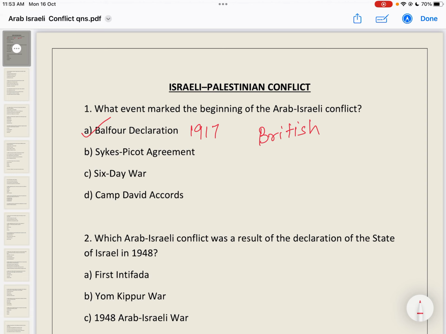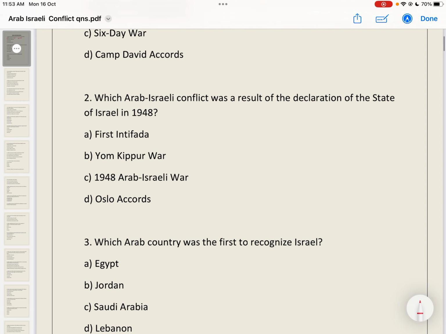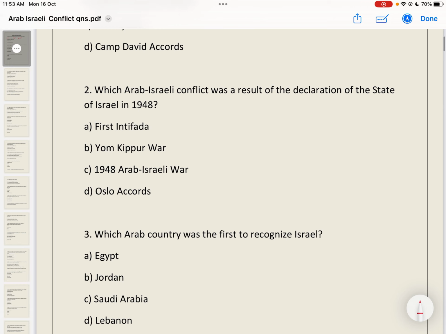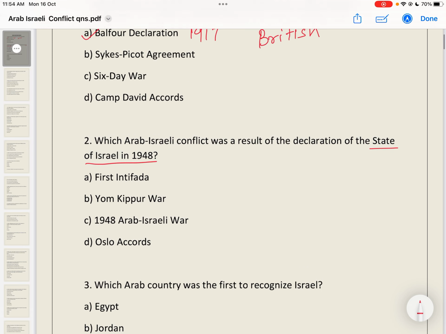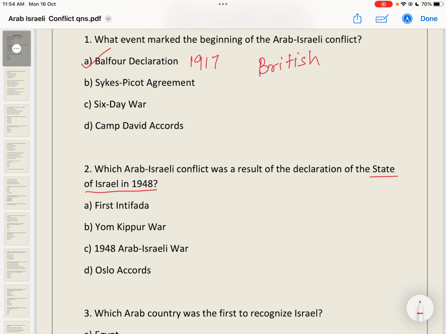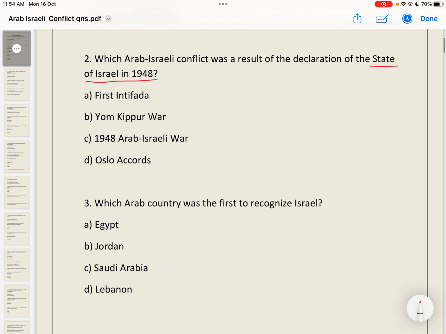Now, moving on to question 2. Which Arab-Israeli conflict was a result of the declaration of the State of Israel in 1948? Now, the Balfour Declaration happened in 1917, and after that, though there was a UN decision on the partition, it never went through, and then there was a war.